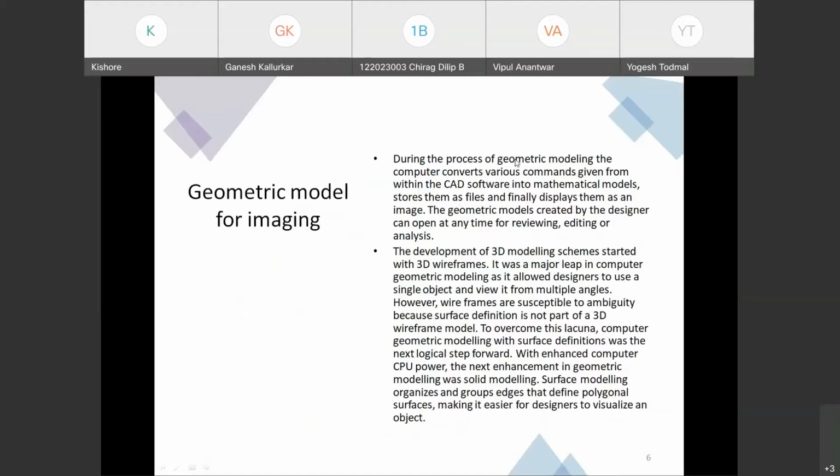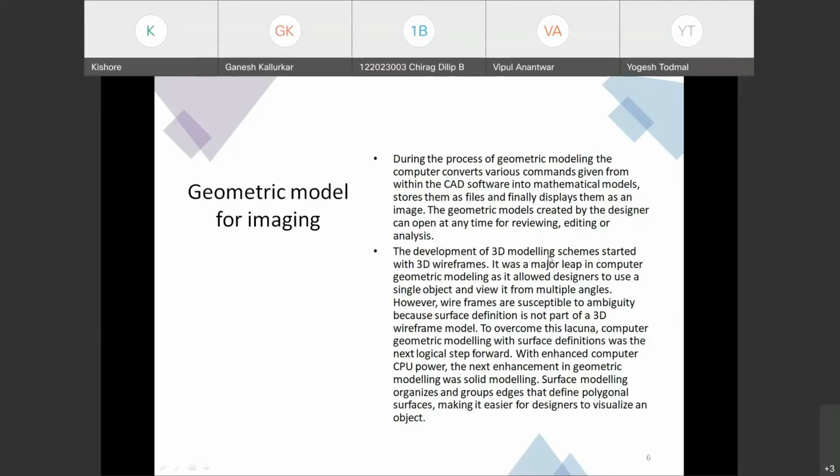Whenever you interact with the model, if that interaction is permanent in nature, it is first converted into a mathematical equation, and then that equation is converted into binary format and saved in the computer's memory. The geometry models created by the designer can be opened at any time for reviewing, editing, or analysis.